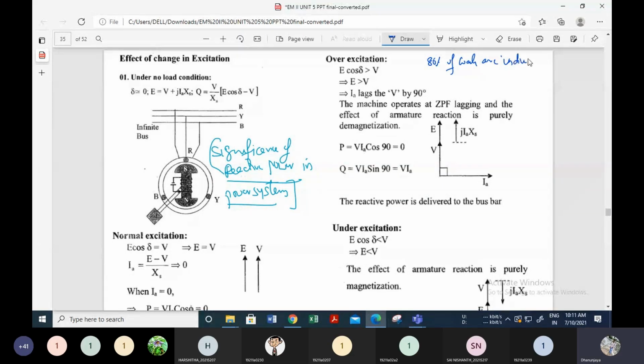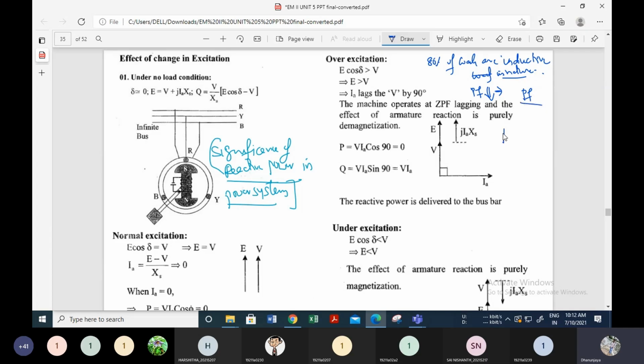Am I correct or wrong? 80% of loads are inductive in nature, that is induction machines, fans, all of these. When these loads are inductive, the power factor decreases. To improve the power factor, I need power factor correcting devices, so that I deliver reactive power to the system bus and the power factor is maintained.